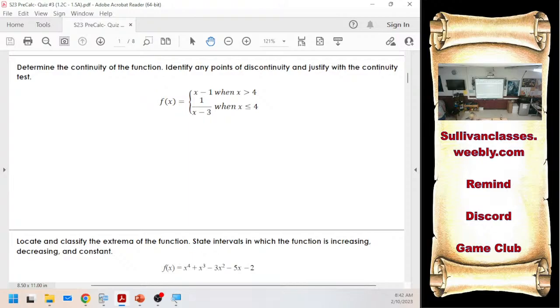You know what that graph looks like? If you don't, sketch the graph.